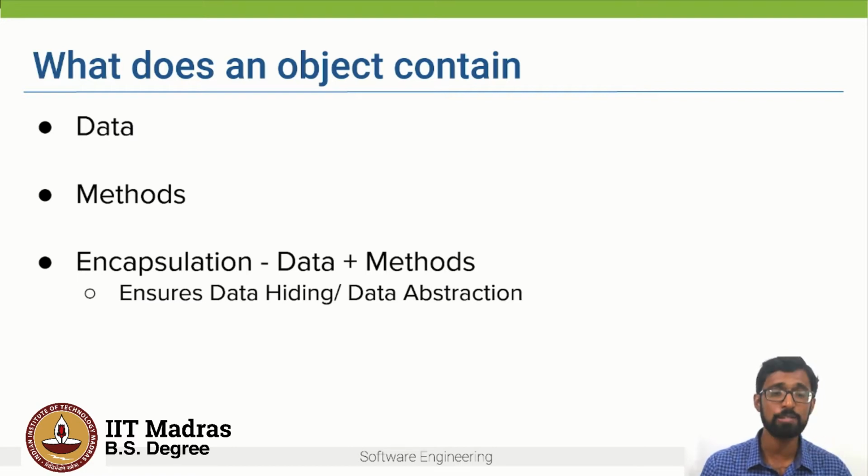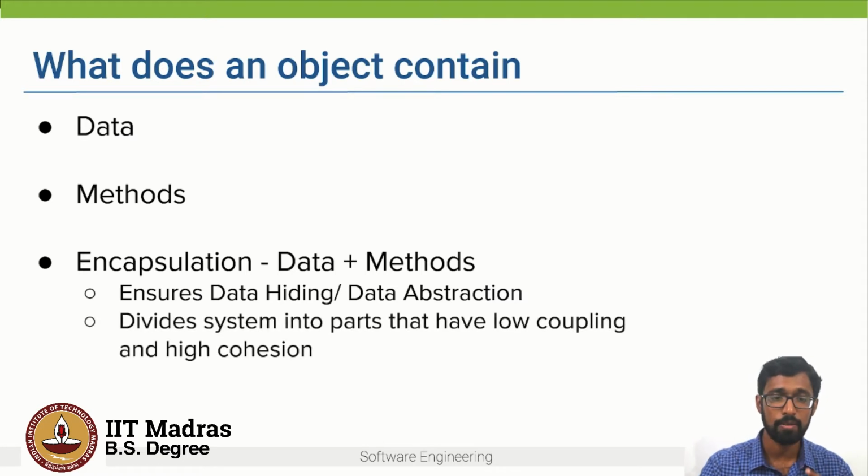Encapsulation ensures data hiding and data abstraction. An advantage of decomposing the system into objects and doing this data abstraction is that it divides the system into parts which have low coupling and high cohesion.